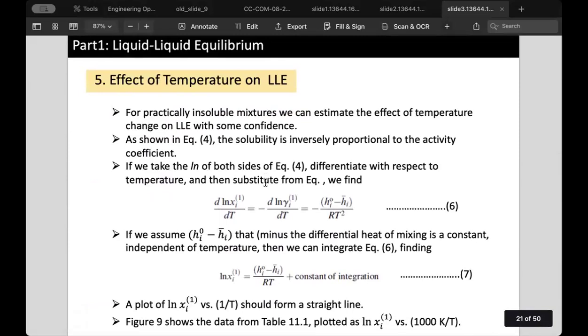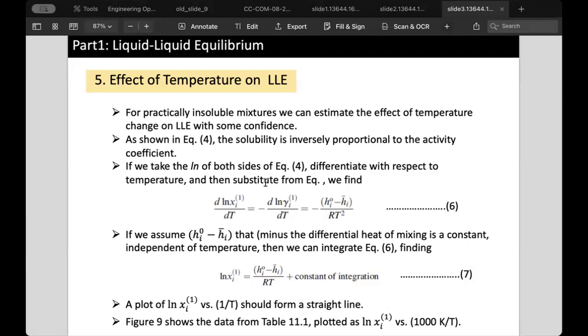Now we study the effect of temperature on liquid equilibrium. I think you are familiar with this equation already. The change of log gamma with respect to temperature depends on what is this?